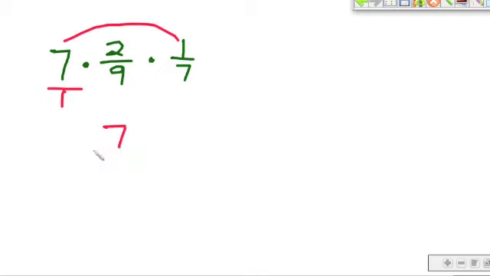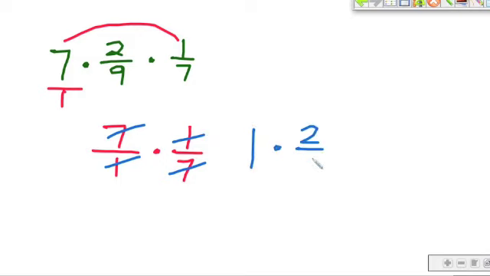I would have 7 over 1 times 1 over 7. Now, if you remember in class, you can cross cancel. They all go into each other one time. So I'm left with 1 times 2 over 9, which is very easily known as 2 over 9. So very quickly I can multiply these together knowing these different types of properties.